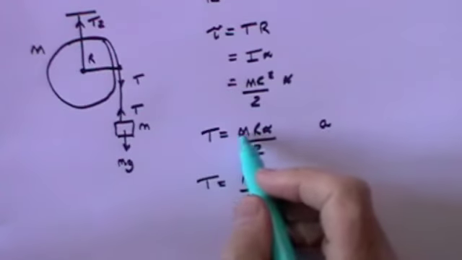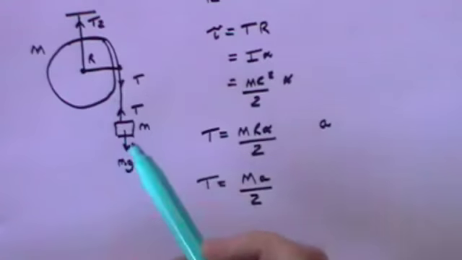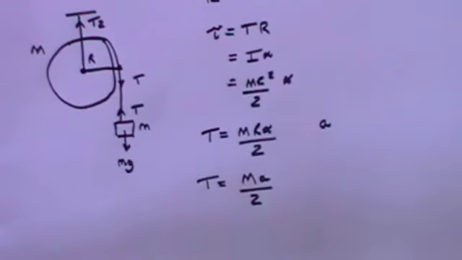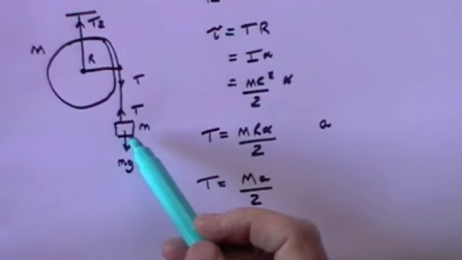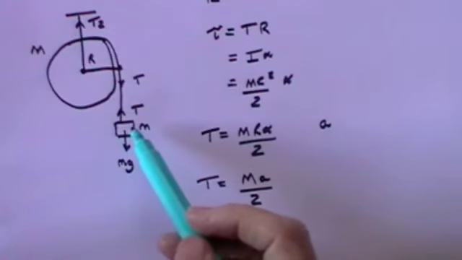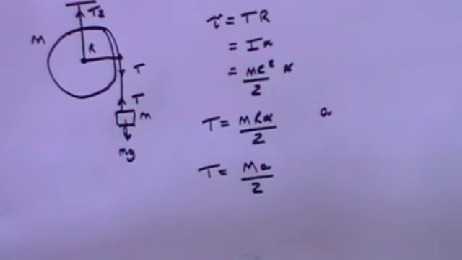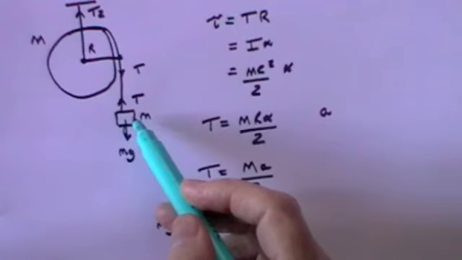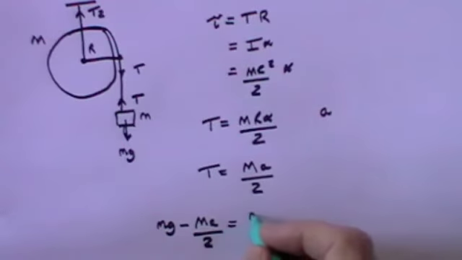Just a reminder that all the capital M's are the mass of the disk, all the little m's are the mass of the block here. And so the force downwards is mg, minus the force upwards, which is T, which is ma over 2, will be the net force acting downwards, and that's going to be ma.